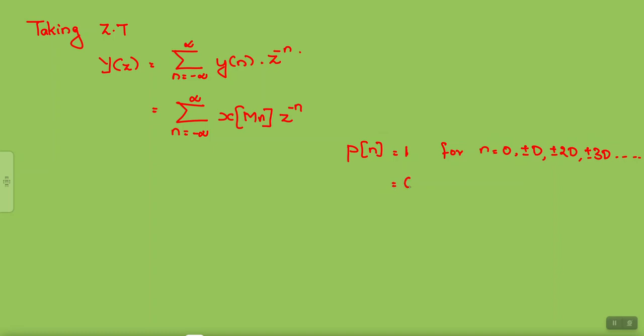And p of n takes the value 0 else. So we can write x of Mn, that is the downsampled signal, as x of n multiplied with this p of n. So y of z can be represented as summation n equal to minus infinity to plus infinity.